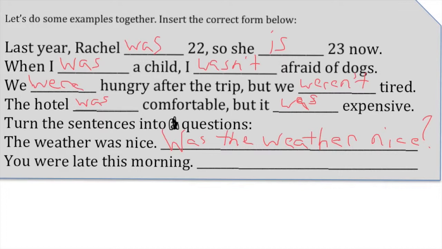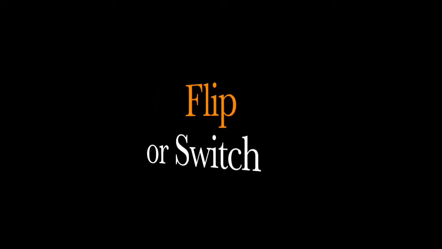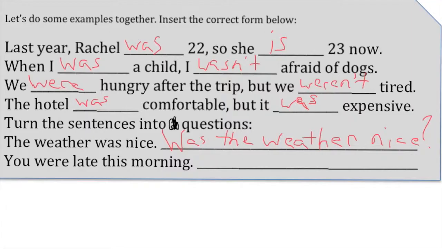Take a look at the next one now. You were late this morning. Let's use I this time. So remember to flip. If we're using I this time for this, is it were or was?